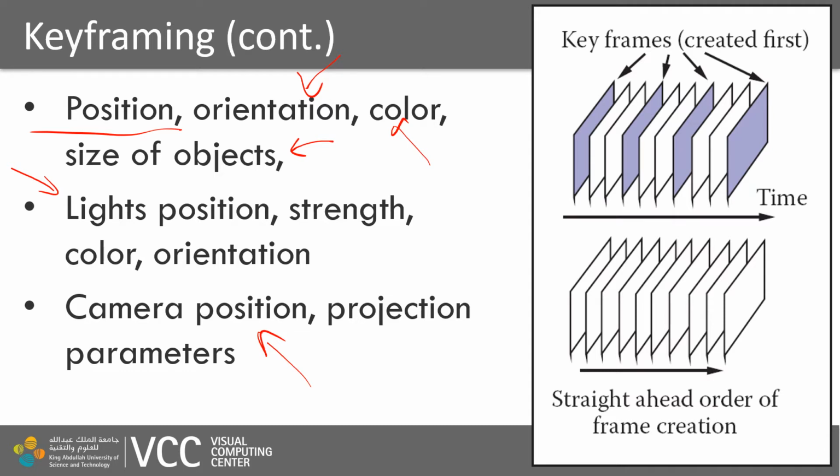So we can change, for example, its focus, where we have different depth of field settings. A focal plane can be defined at one position, and then we can animate how this focal plane changes from one position to another. So pretty much everything in our 3D scene, not only the geometry, the object itself, but all the aspects in the scene can be animated, and is animated, in order to create an effective computer animation.